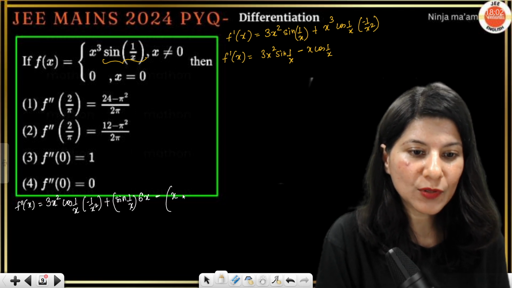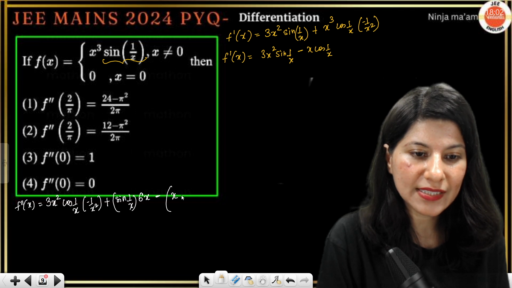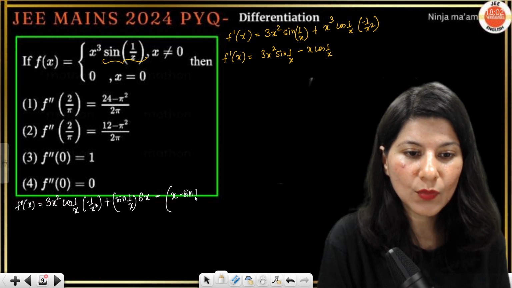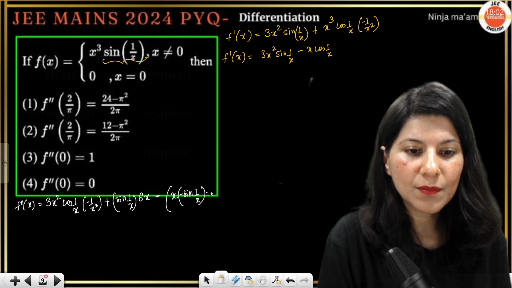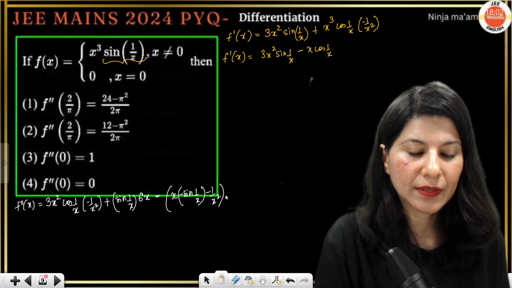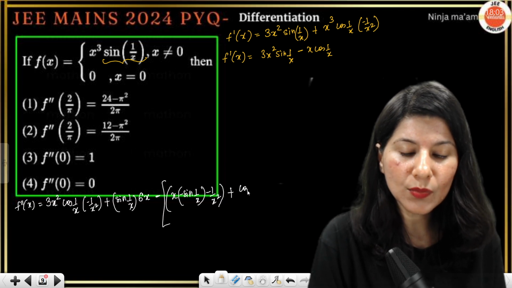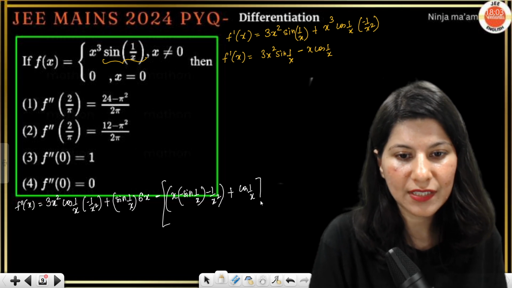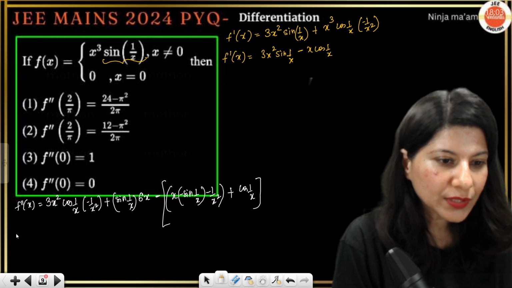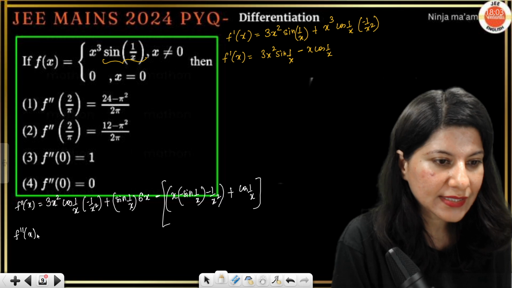So x is kept constant, cos's derivative is minus sine. So minus sine 1 by x and minus 1 by x square. Plus because product. This time cos 1 by x as it is and derivative of x is 1. That's it.